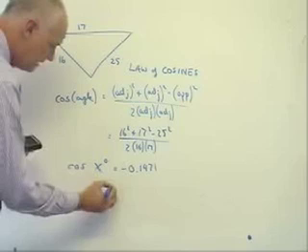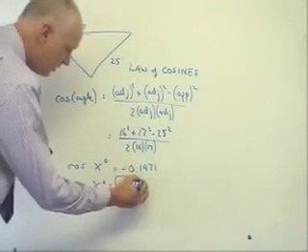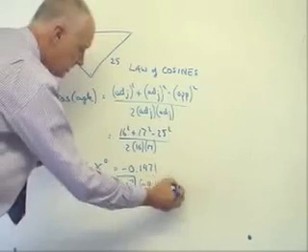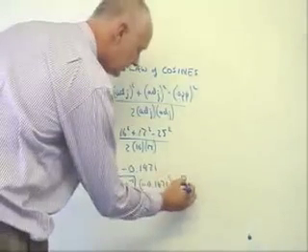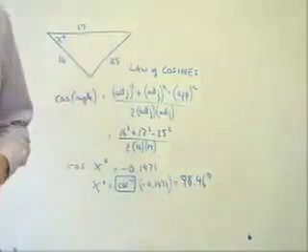So x degrees equals cos -1 button of negative 0.1471, and x equals 98.46 degrees.